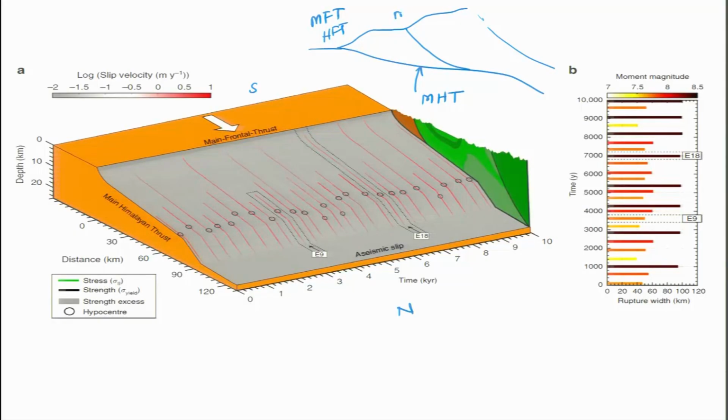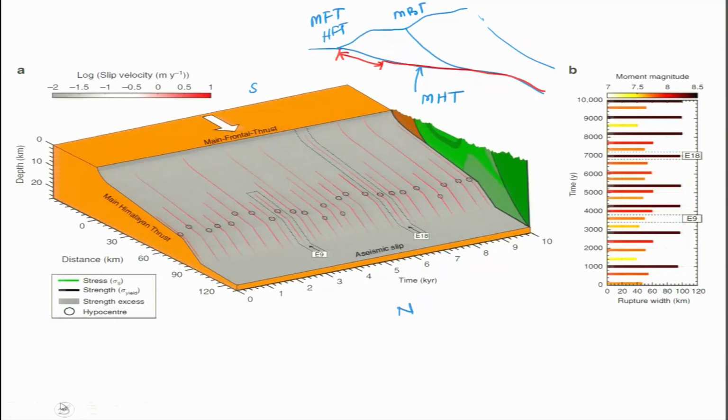This is your MBT. So the question now is, what was experienced was that this did not come right up to the surface. It ruptured somewhere over here actually. So this portion is still likely to rupture, and this is what the research groups are inferring, that this will rupture in the near future.